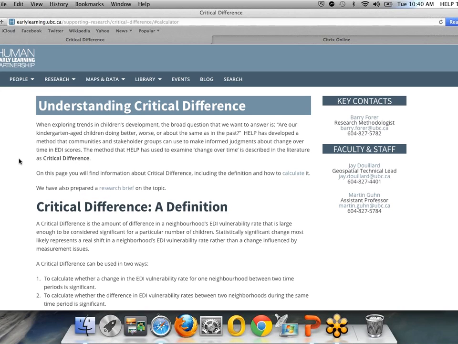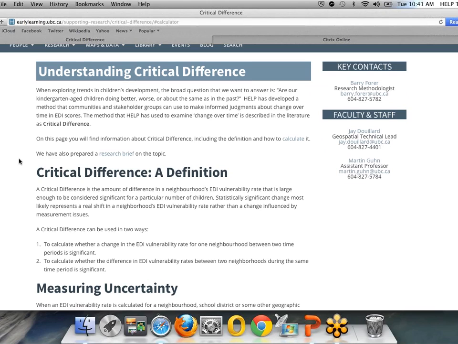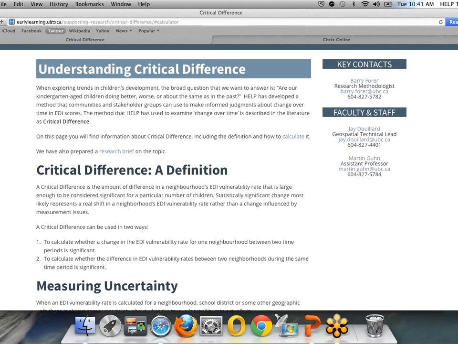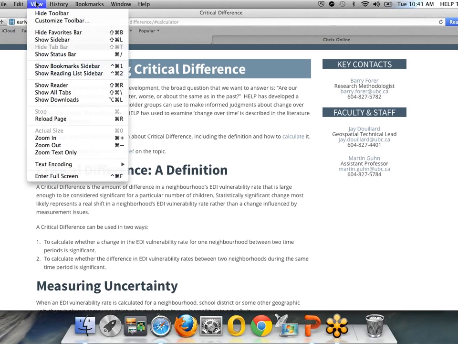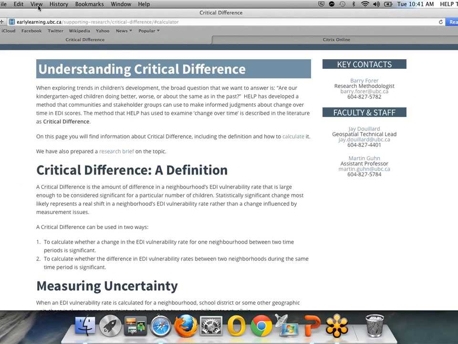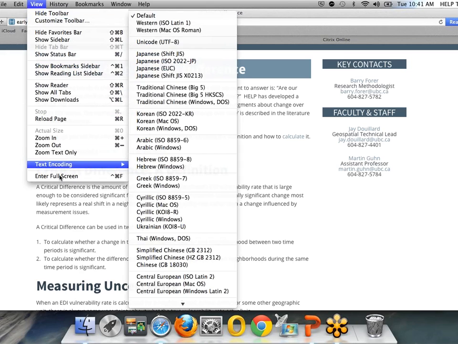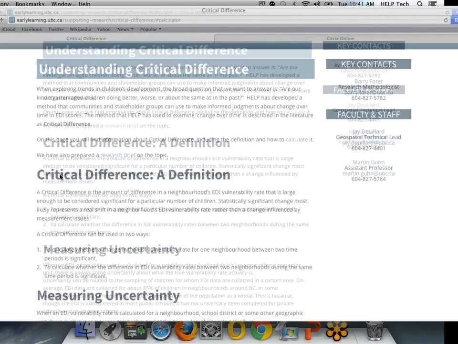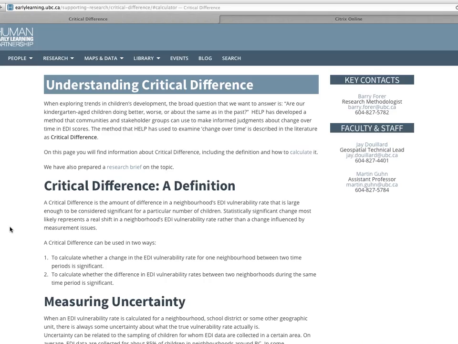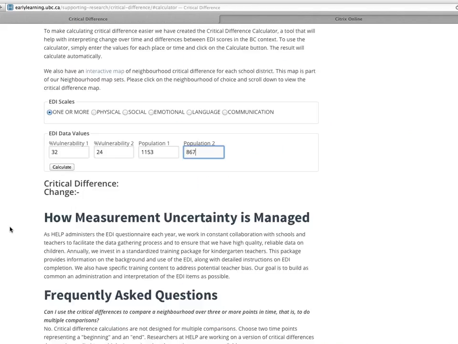So as you're pointing out, depending on what stakeholder group you're working with, when you're talking about critical difference and looking at this data, it will depend how you want to look at what particular region or subject population.